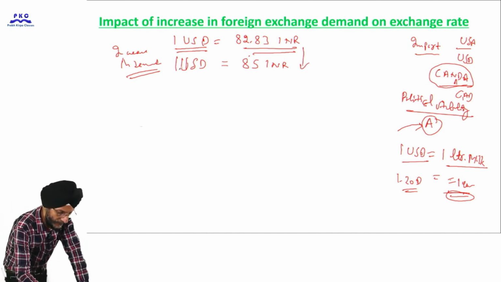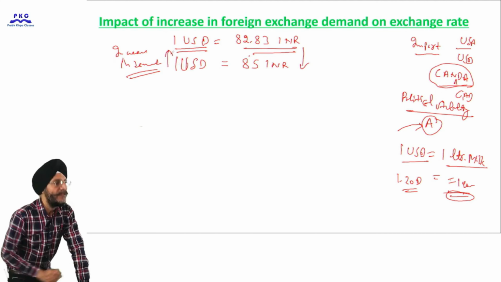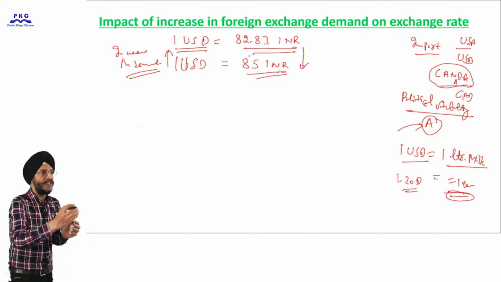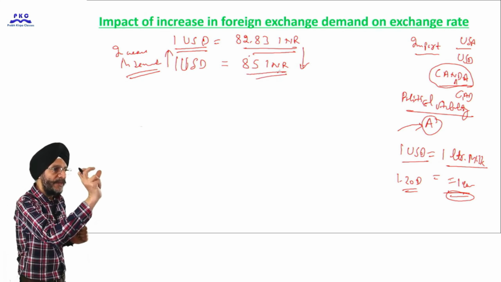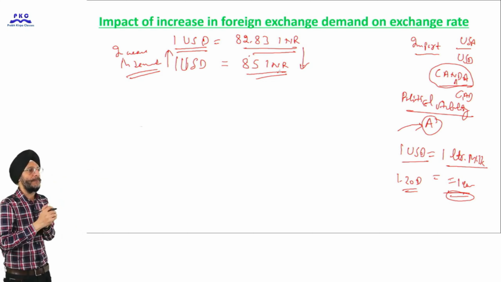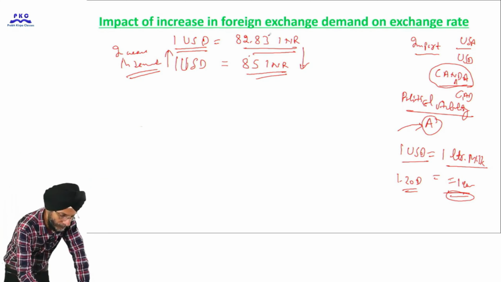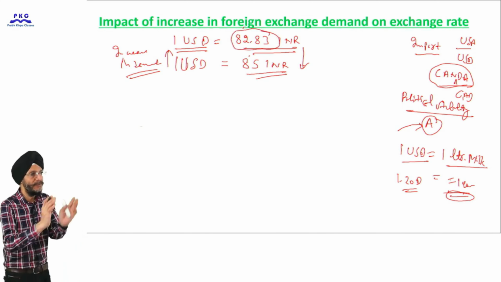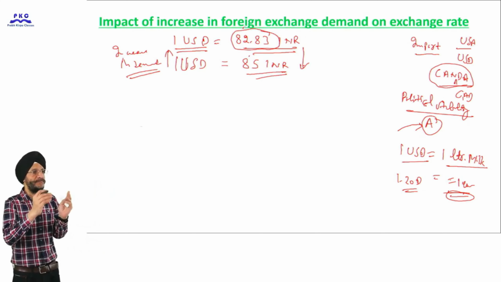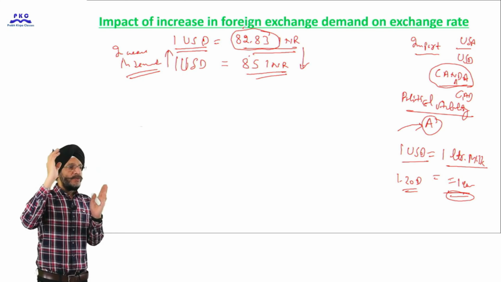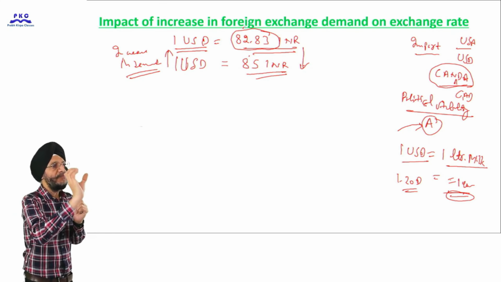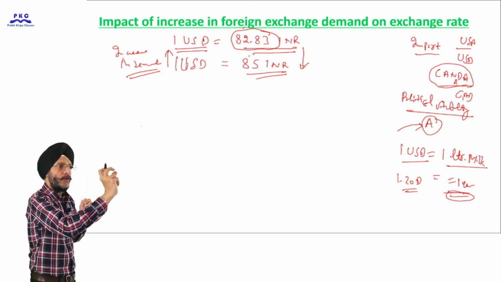The value of foreign currency has increased. We are from India, so the value of domestic currency is decreasing because to get $1, we will have to pay 85 Indian rupee, which earlier we used to pay 82.83. On the other hand, the residents of USA will get 85 rupees in return of $1.